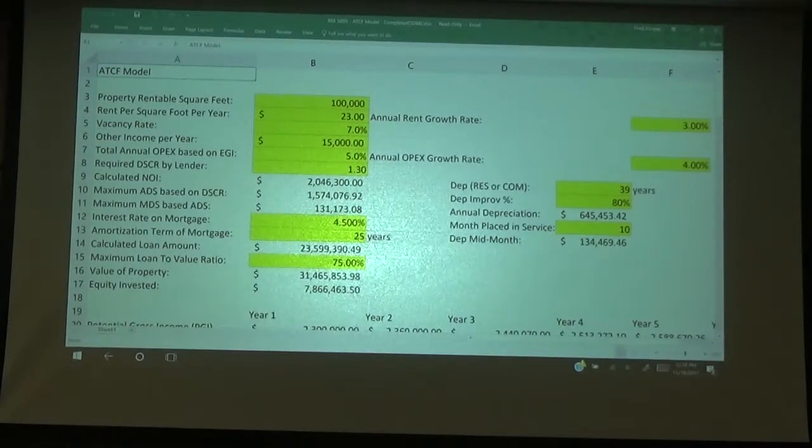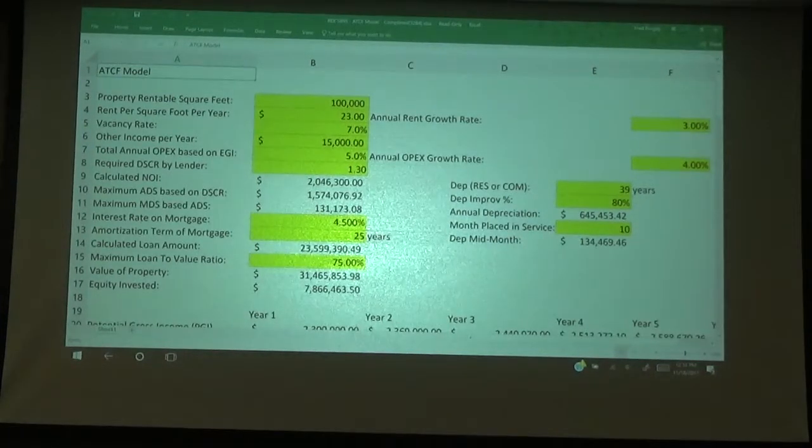All right. To start us off, much like the financial feasibility analysis spreadsheet and others, we start off with some of the basic property information in terms of the rentable square feet in the property, the actual rent per square foot per year. Those should be fairly normal to you.